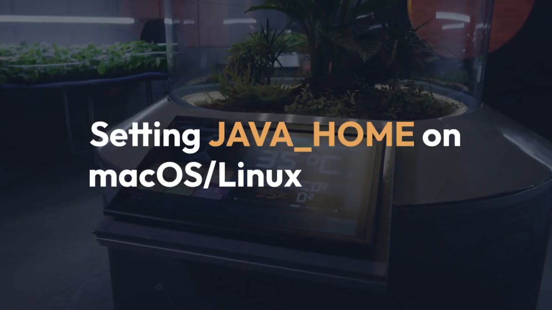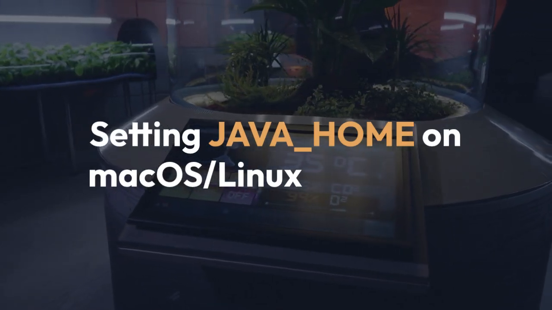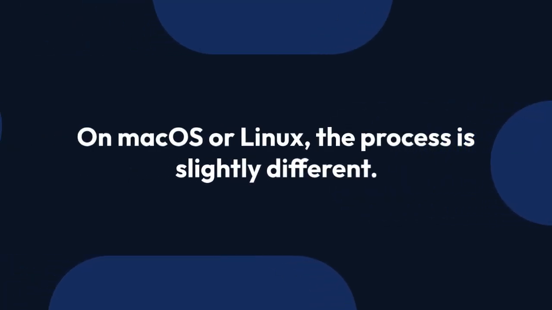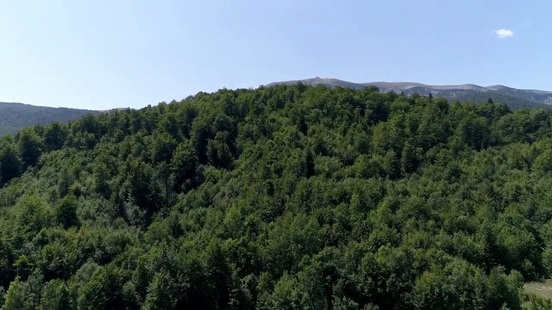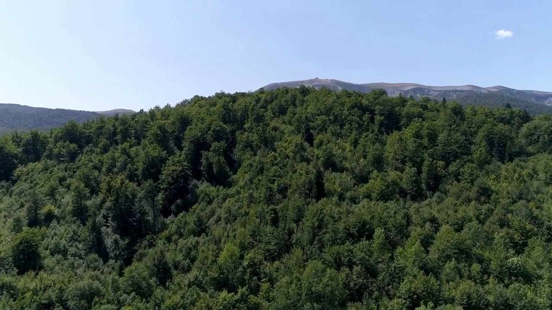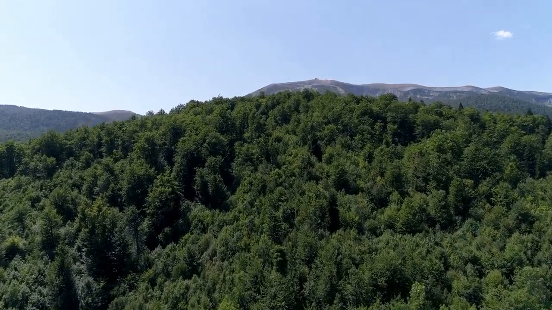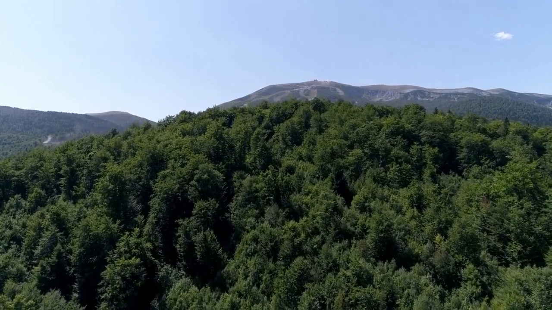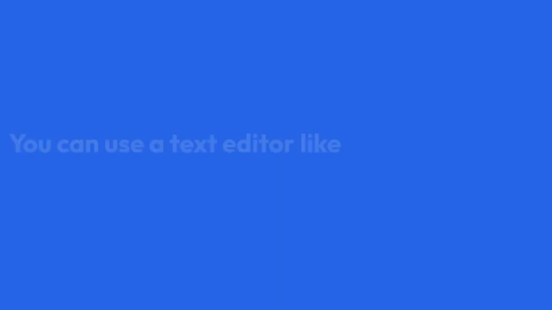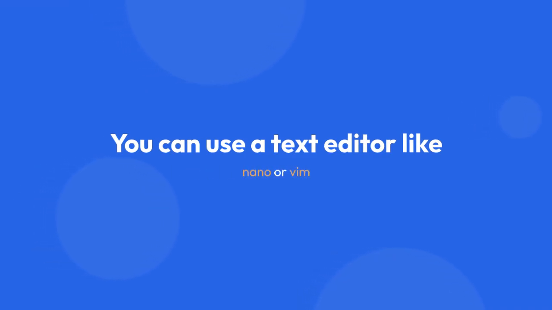4. Setting JAVA_HOME on macOS and Linux. On macOS or Linux, the process is slightly different. You'll need to open your terminal and edit your shell's configuration file, for example, ~/.bashrc, ~/.zshrc, or ~/.profile. You can use a text editor like Nano or Vim.